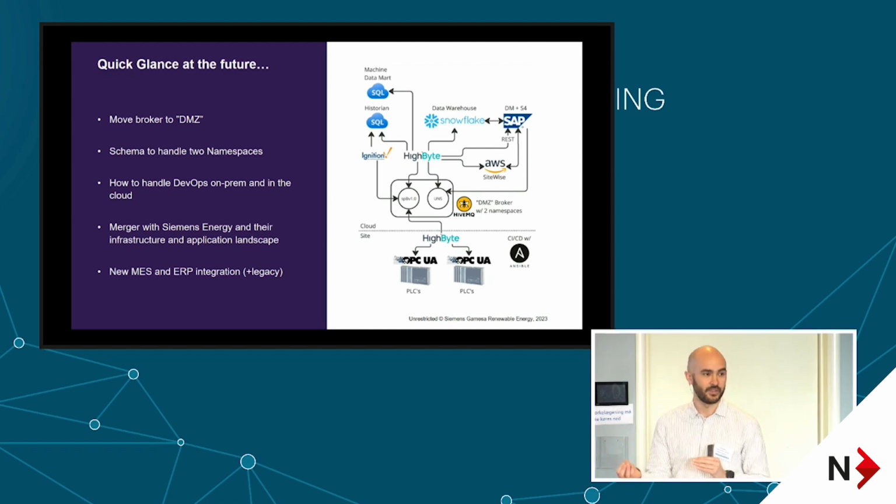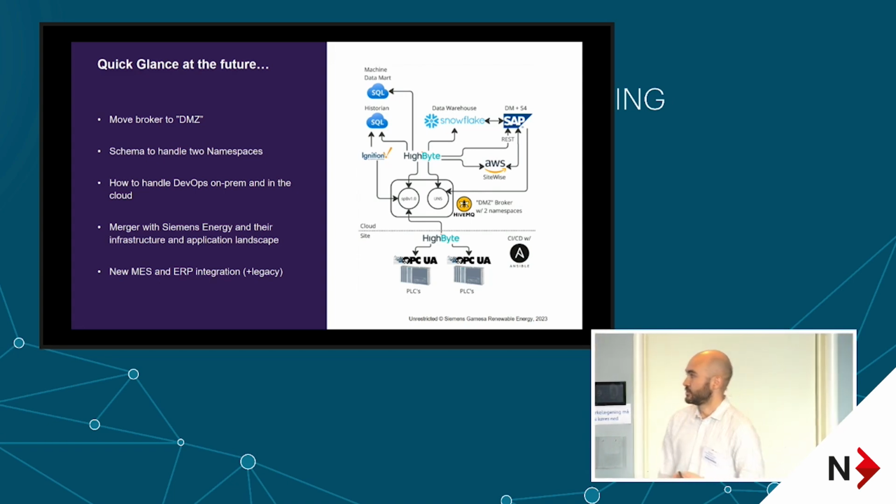Sparkplug B is really cool, but it doesn't work that well with enterprise applications, such as SAP Digital Manufacturing. So we're looking into copying that Sparkplug namespace into a flat vanilla namespace, and perhaps even moving those into different brokers due to cybersecurity. So the sites are only connected to the on-site broker, and then the enterprise applications are connected to a different broker.